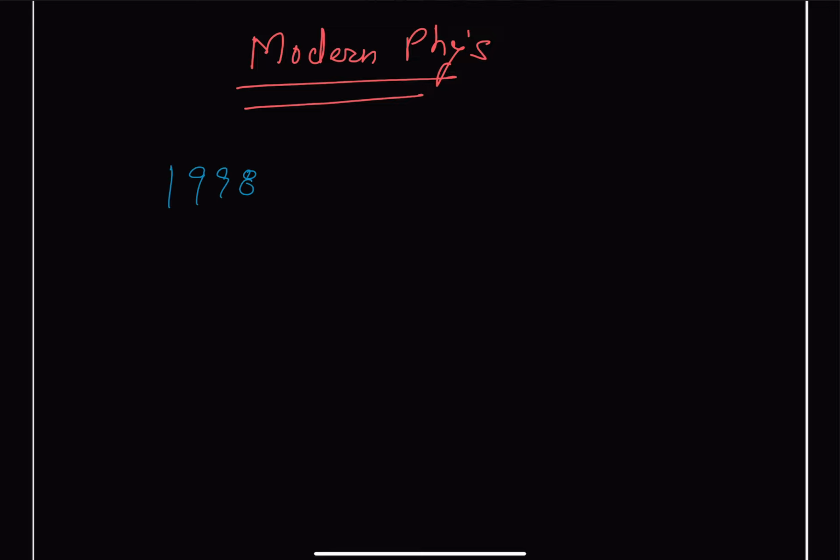Hello friends, so today we are going to solve questions from the chapter Modern Physics, and we are going to solve from the year 1998, a total of 6 questions, and from the year 1999, 5 questions.